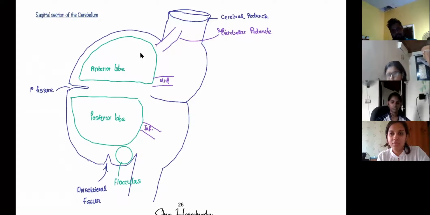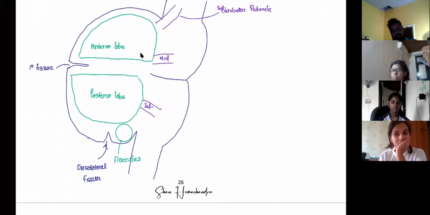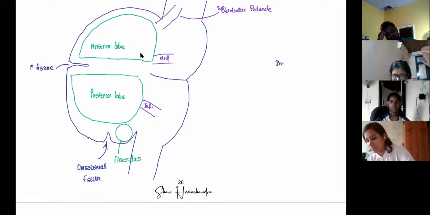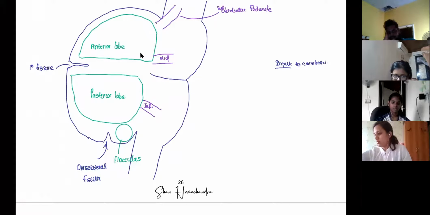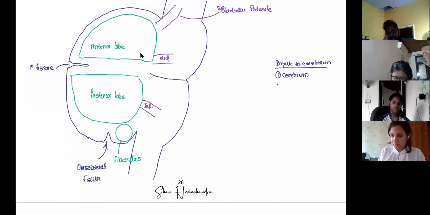Now, when it comes to balance, our body needs signals from three main locations. There has to be input to the cerebellum. It must come from the cerebrum. Proprioception must come from the spinal cord.